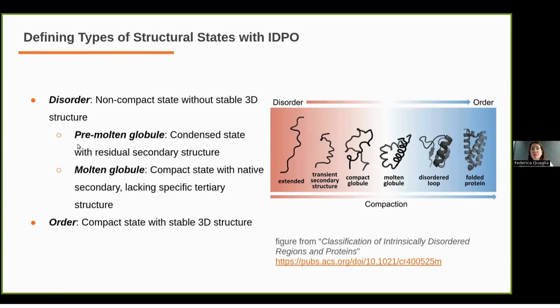There are also intermediate states that are in between these 2 extremes. We are talking about pre-molten globule and molten globule. Both have some structure, we refer to secondary structure. Both of them, though, are lacking specific tertiary structure, because pre-molten globule is a condensed state with residual secondary structure.